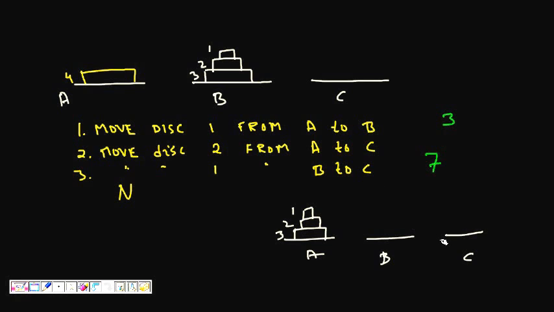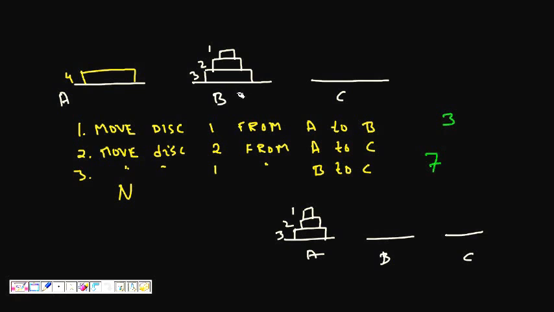If I make B the destination and C the intermediate, it doesn't make any difference. That can be done. So that's what I do. I move these 3 disks from peg A to peg B, and I use C as the intermediate peg.